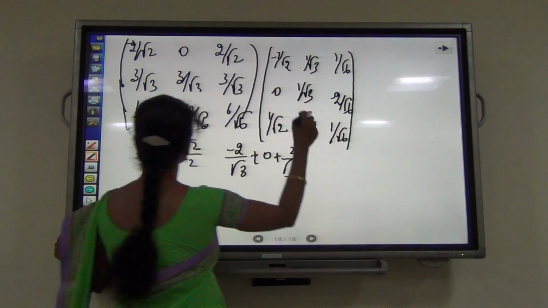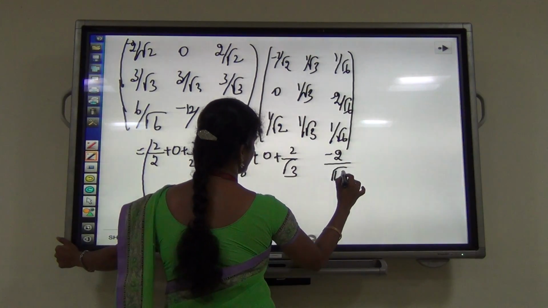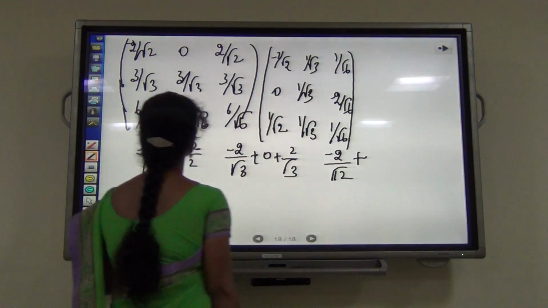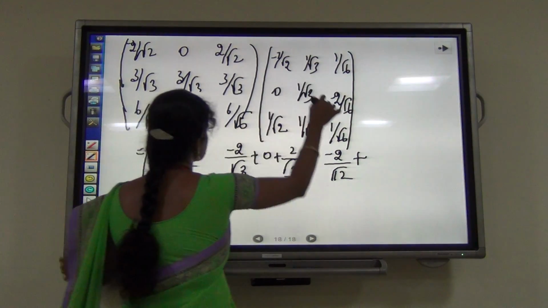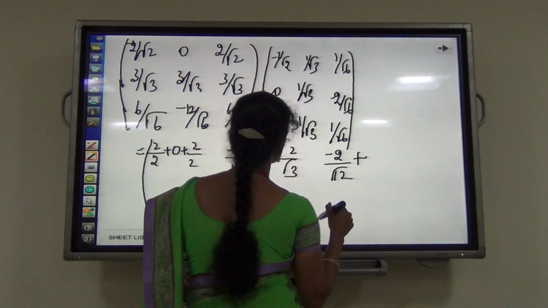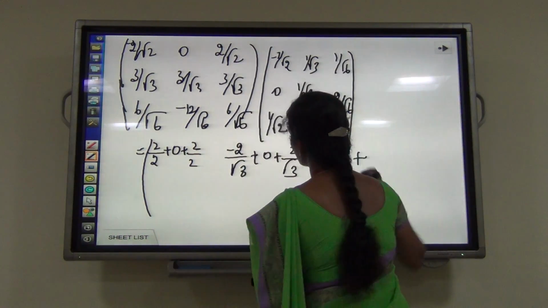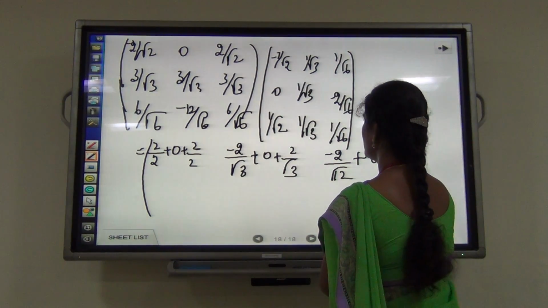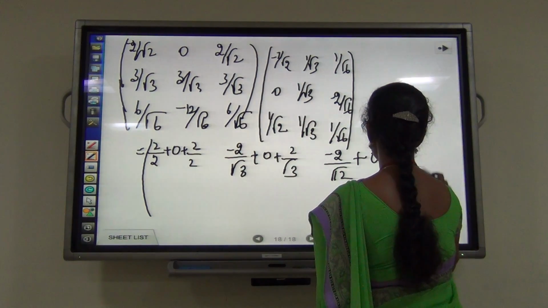First row with the third column we get minus 2 by root 12. Root 2 into root 6, it is root 12. First row with the last column, it is minus 2 by root 6 plus 0 plus 2 by root 6 into root 2 is root 12.